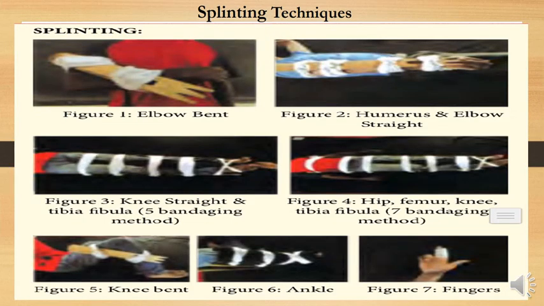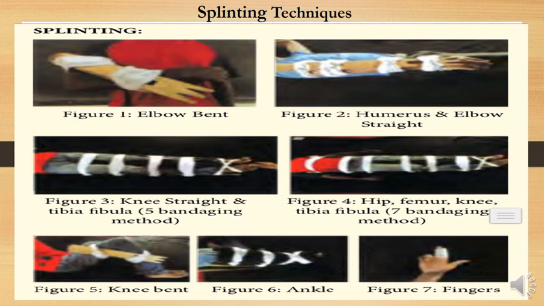Then look at the splinting techniques. Figure 1 shows the elbow bent. These are other splinting techniques. Then figure 2, humerus and elbow straight. Figure 3, the knee straight and tibia fibula.